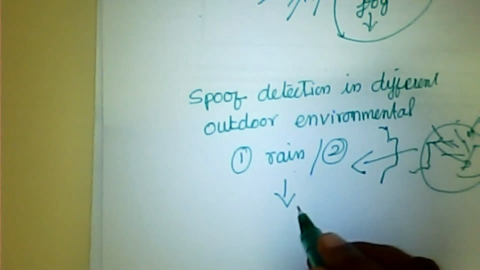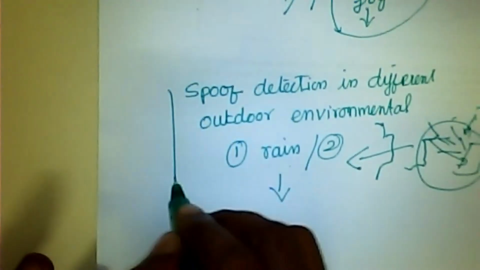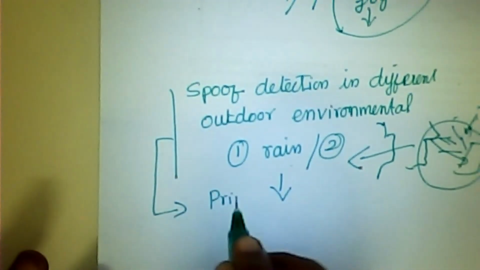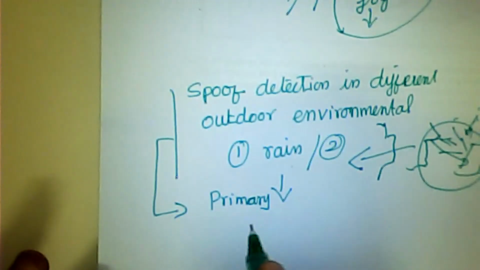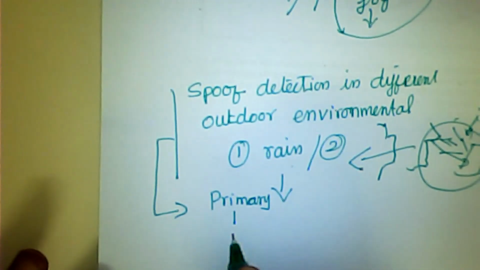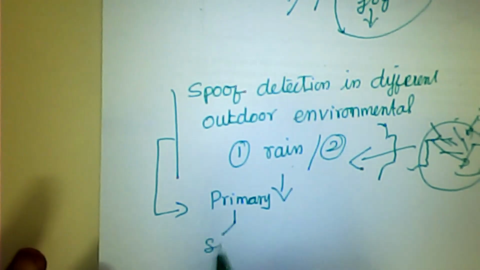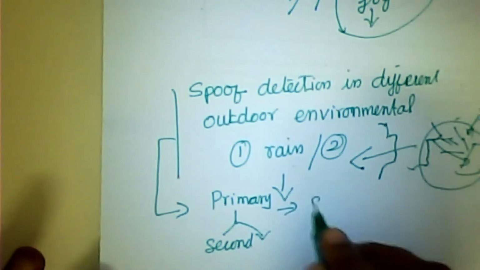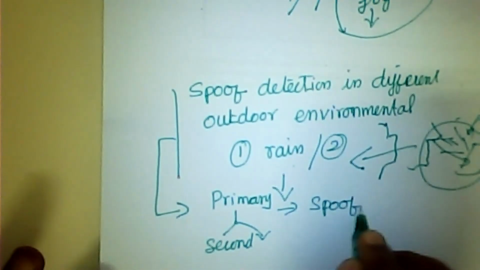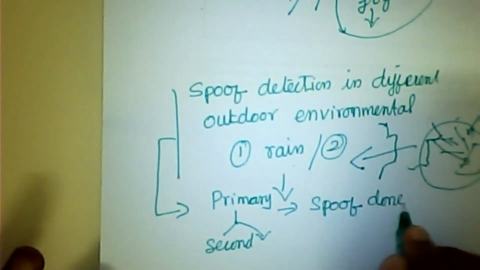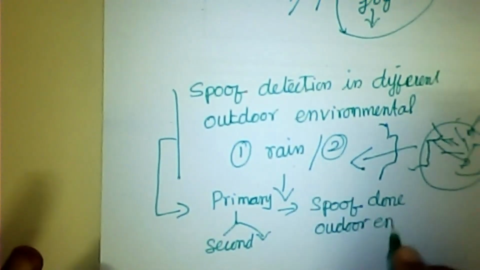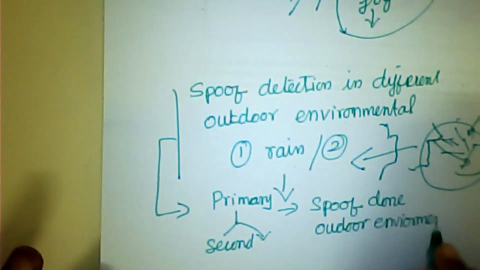When you develop a research question, a minimum of 5 questions should be there. One should be the primary research question. Your contribution should be like this: primary, and that primary should be supported by the secondary objective points. What do I mean by primary? Primary is spoofing done in an outdoor environment.